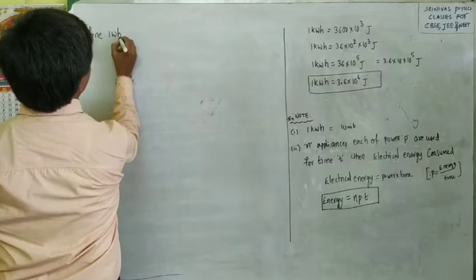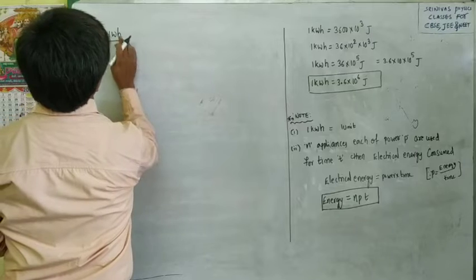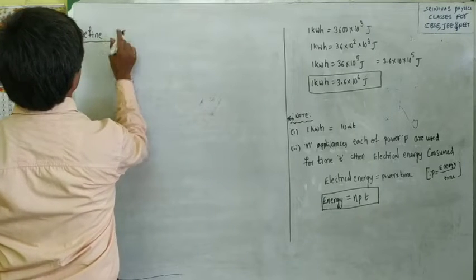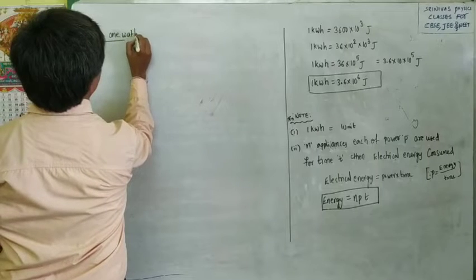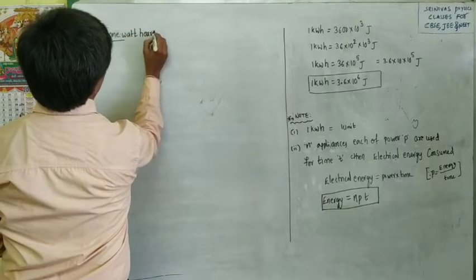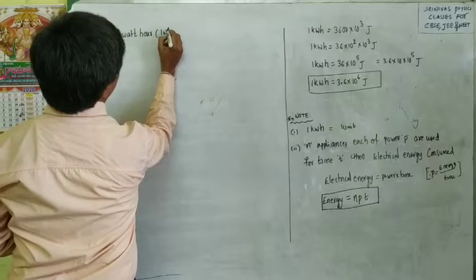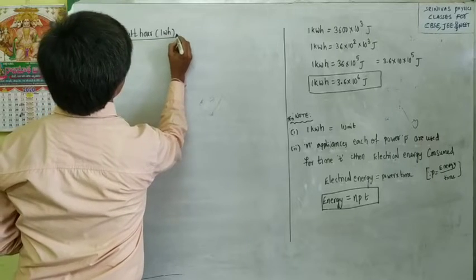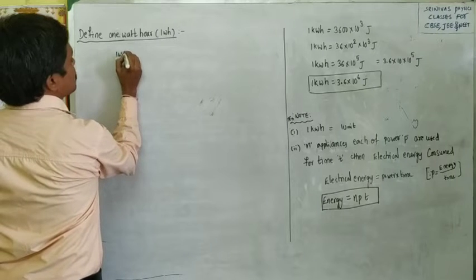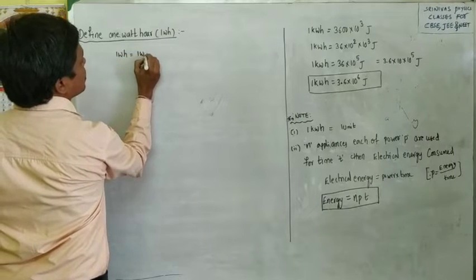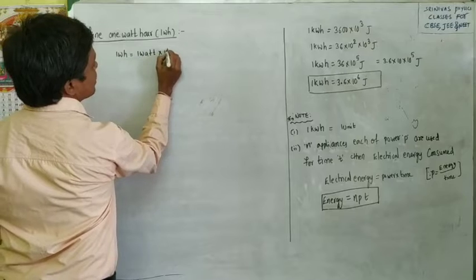How to define 1 watt hour? 1 watt hour is equal to what? Tell me. 1 watt into 1 hour, right?